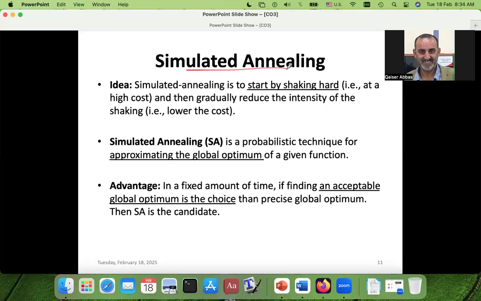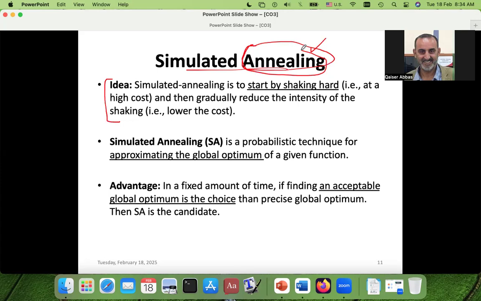So now moving on to simulated annealing. What is the idea of simulated annealing? Annealing is a word from a theory that exists in physics, in the field called metallurgy, about metals. Normally, if you have to build some product from iron or steel, you give high temperature to that metal.